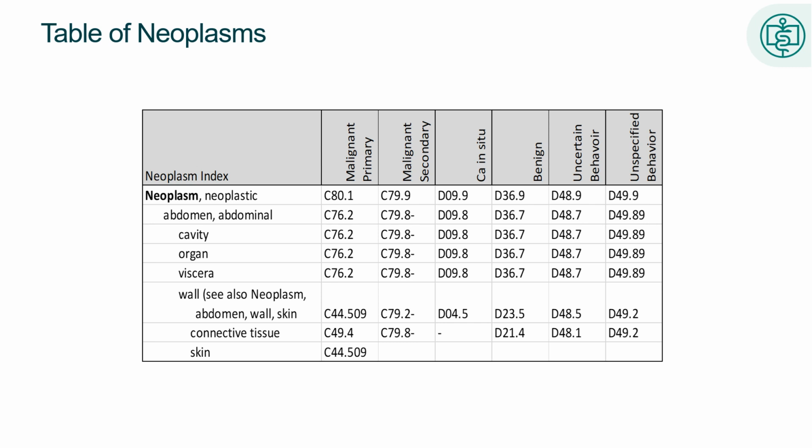Uncertain behavior indicates the pathologist is unable to determine whether it is benign or malignant. It has characteristics of both benign and malignant cells, and the pathologist is unable to determine. This column is only used based on the results of a pathology report. Unspecified indicates the provider cannot or has not determined the nature of the neoplasm.